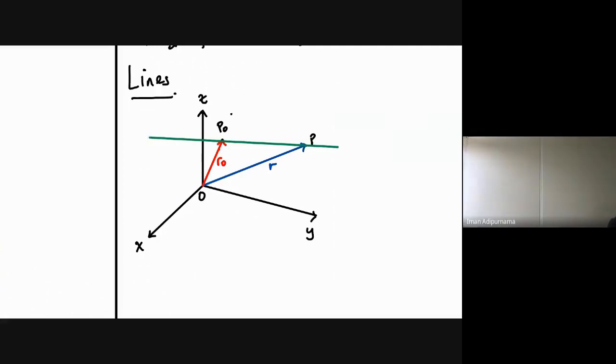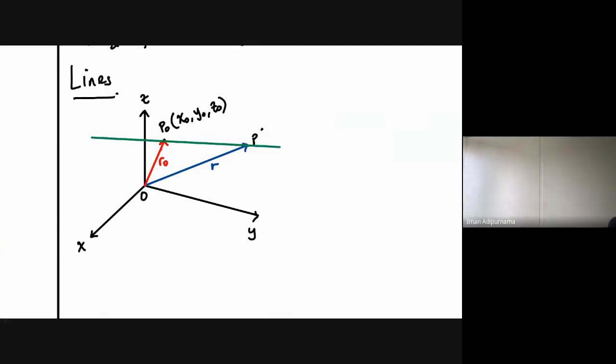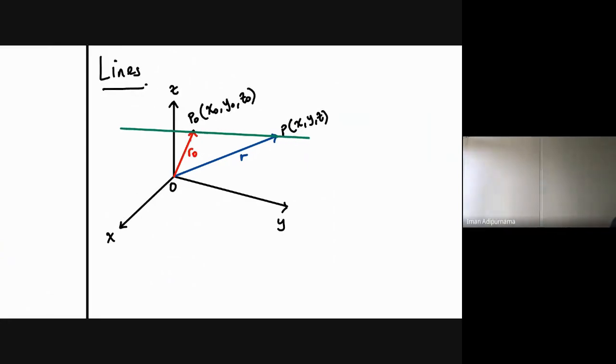Well, let's say P0 is the initial point x0, y0, and z0. And the P here is just x, y, z. And we also have another vector that goes in the same direction as the green one.